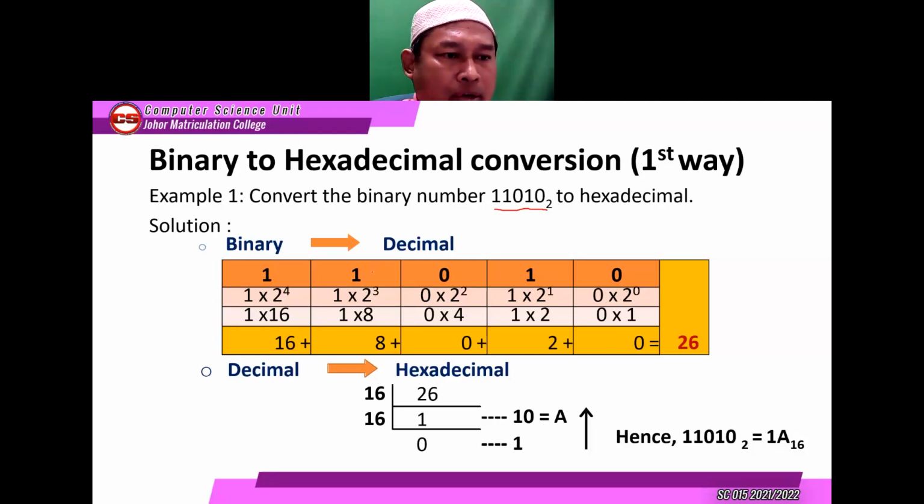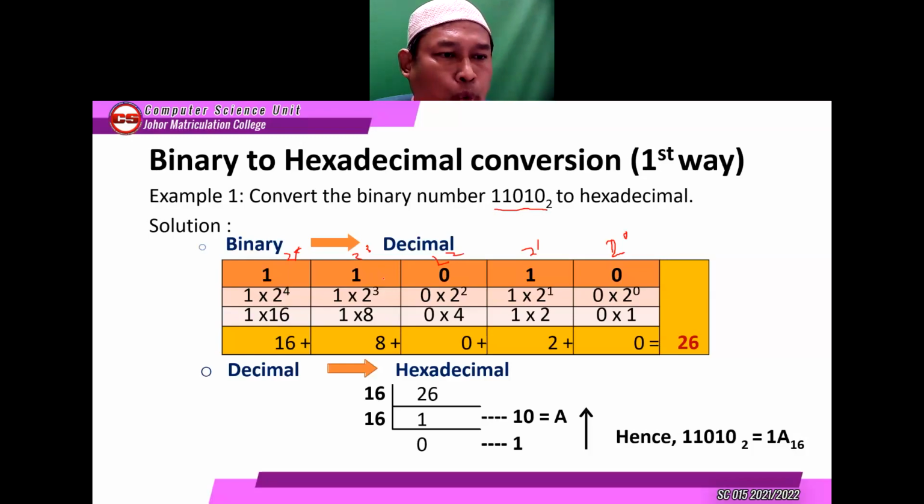So for 11010, every column must be a power of 2: 2 power of 0, 2 power of 1, 2 power of 2, 2 power of 3, and 2 power of 4. So 2 power of 4 is 16.